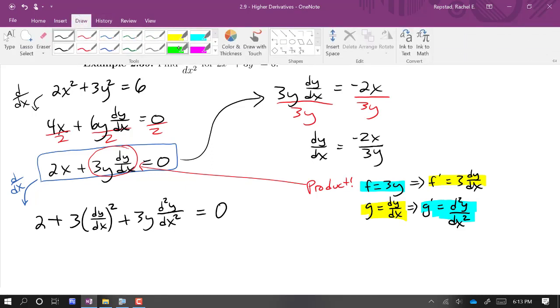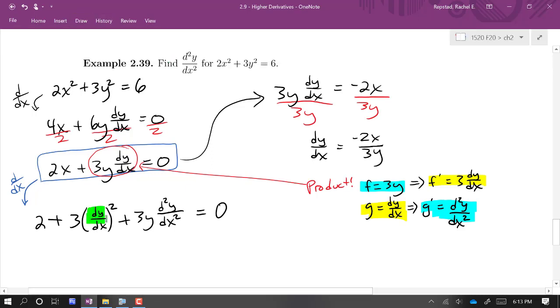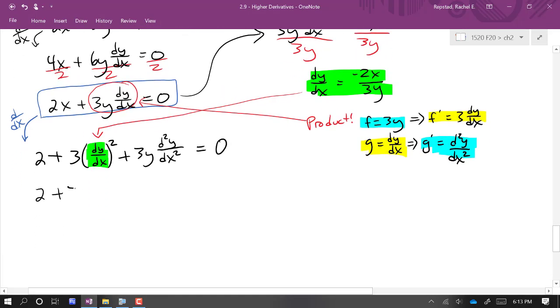So, we have dy dx showing up here, and we're going to just make a substitution. So plugging that in, we have negative 2x over 3y.